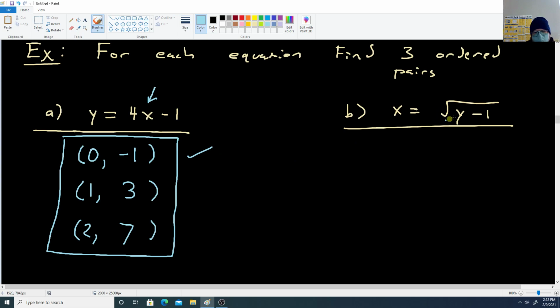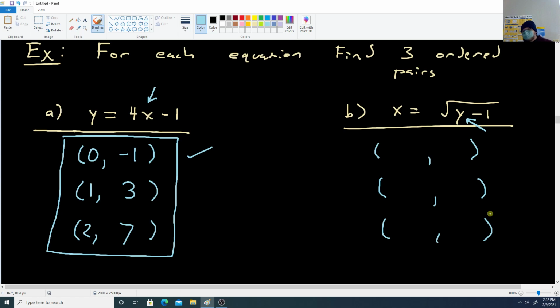On this one, I'm going to work on this one a little bit. Choose my values a little bit carefully. This time x is by itself, so I'm going to be choosing values for y and plugging the y values in. And I want to choose the y values to make the square root easy to evaluate. So you don't have to do this.